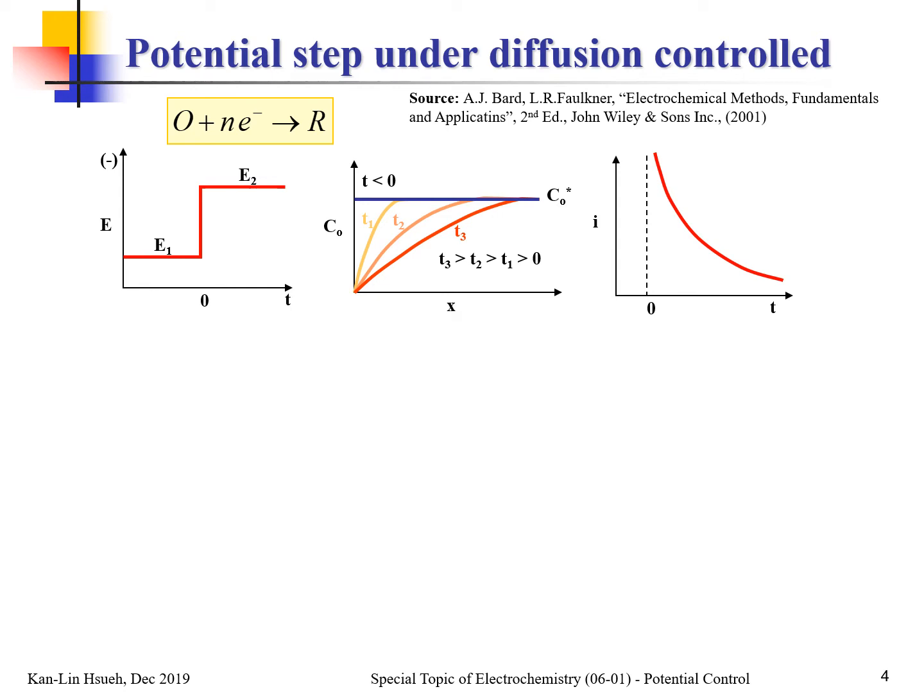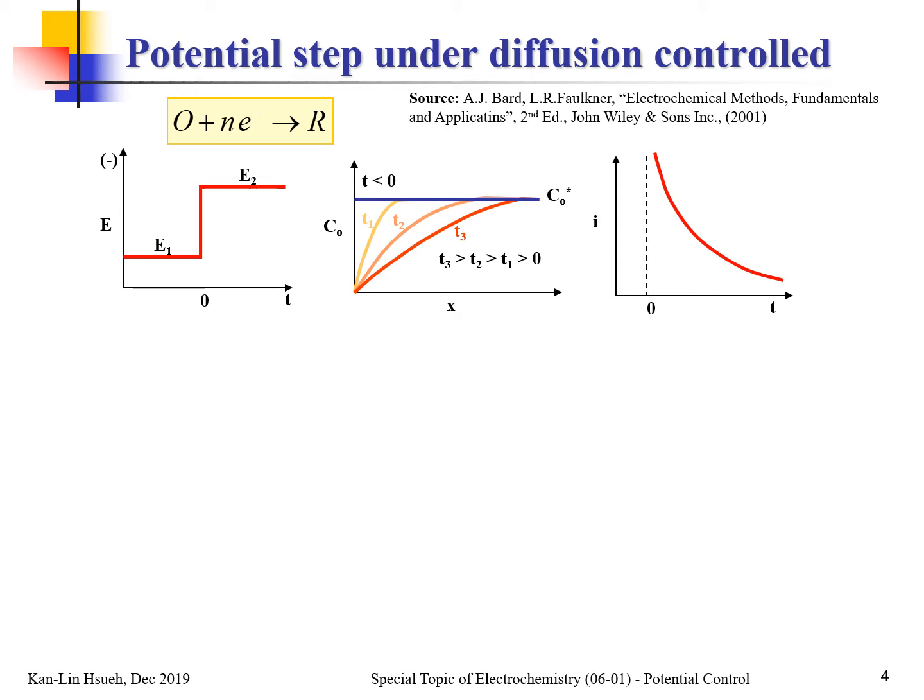The current detected at the electrode at time 0 almost goes to infinity, then decreases dramatically, and gradually goes to 0 eventually, but it takes quite a while.